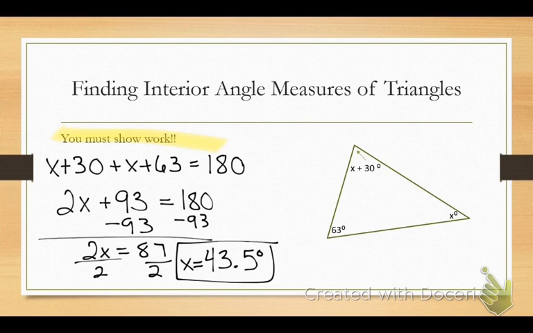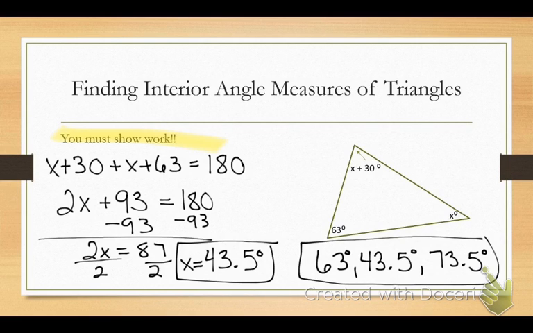Now I need to identify my 3 angle measures as being 63, 43.5, and what is my 3rd angle measure? 73.5. I plug it in up here and I add 30. If it's multiplication, guys, you multiply, whatever operation is connected to x. So it's 73.5 degrees for all of them. 2 answers on your test tomorrow.